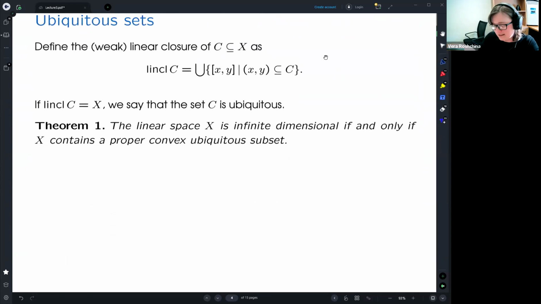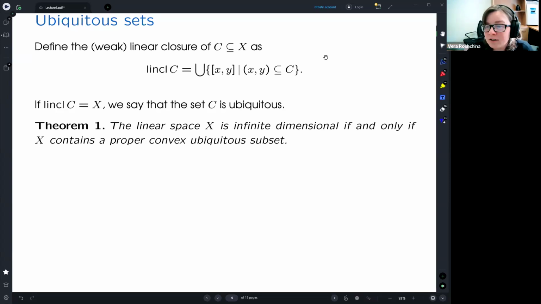So we can define, again, because we don't have topology, we can define linear closure of a convex set by doing the following things. So we don't have topology in our space, but we have topology on real lines because it's a real vector space, right? So if I take a span of a vector, within that span, I can do everything that I can do on the real line.